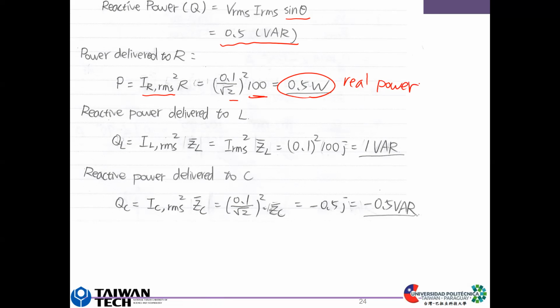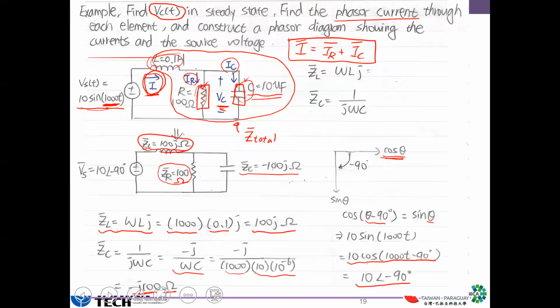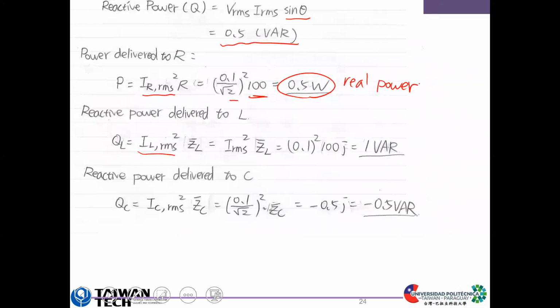And if we want to calculate the reactive power delivered to the load, then we need to find the current flowing through the load. So we find the current flowing through the inductor, which is I. So real power is delivered to R, and we have IL RMS squared multiplied by ZL.